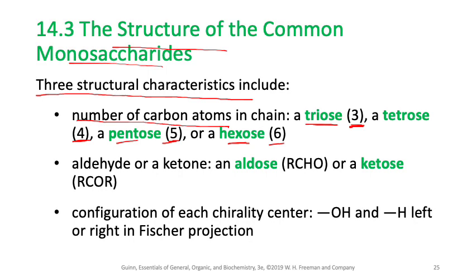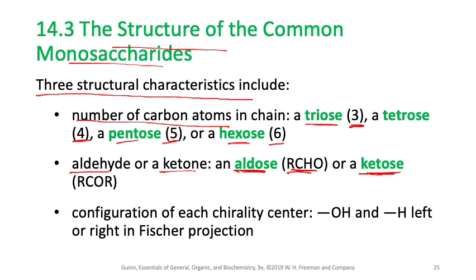Second, if you remember, every carbohydrate has either an aldehyde or a ketone in that structure. If an aldehyde is present, then we call it an aldose, and if a ketone is present, then we call it a ketose.